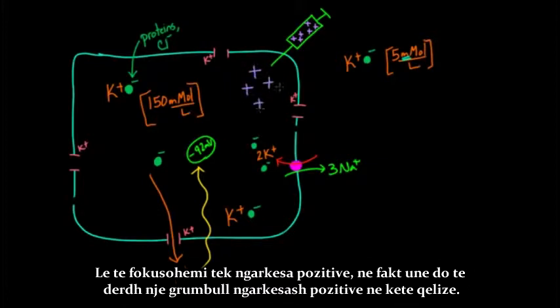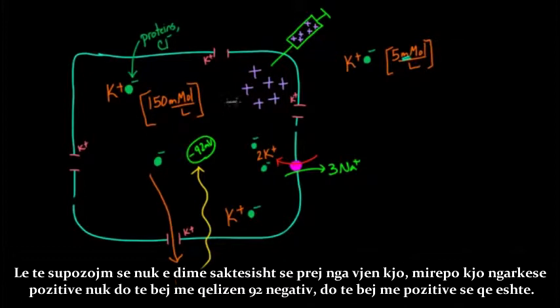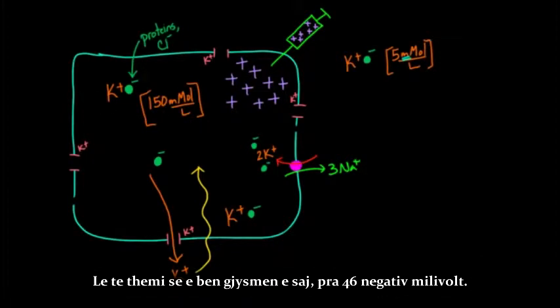And let's assume that we don't know exactly where this is coming from, but what it's going to do is make my cell not negative 92 anymore, right? It's going to make it more positive than it is. Let's say I make it halfway back to 0. So instead of negative 92, it's negative 46 millivolts.